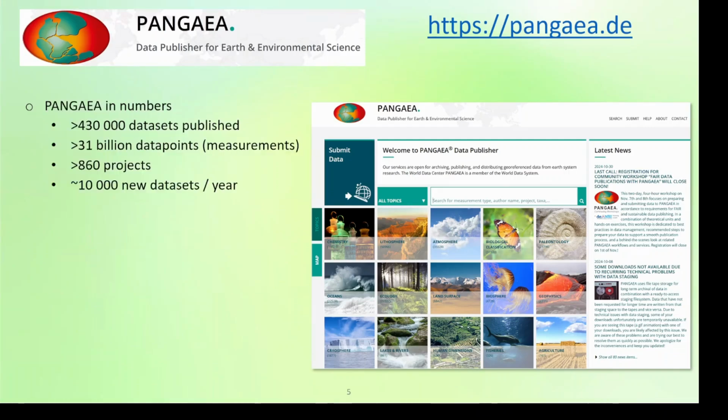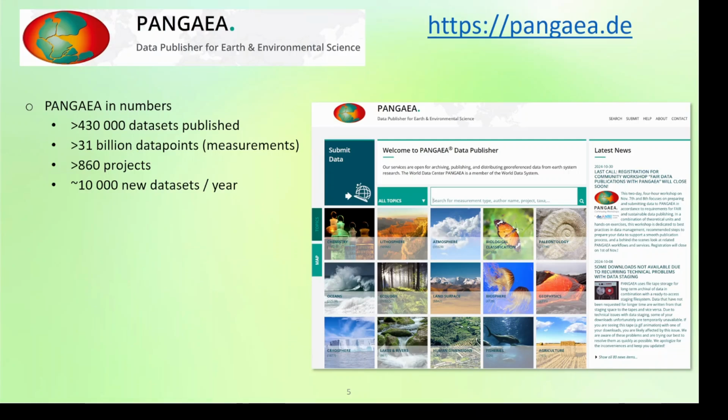Just to give some numbers, the data set repository of PANGAEA has published so far 430,000 data sets, which means 31 billion data points, single measurements.